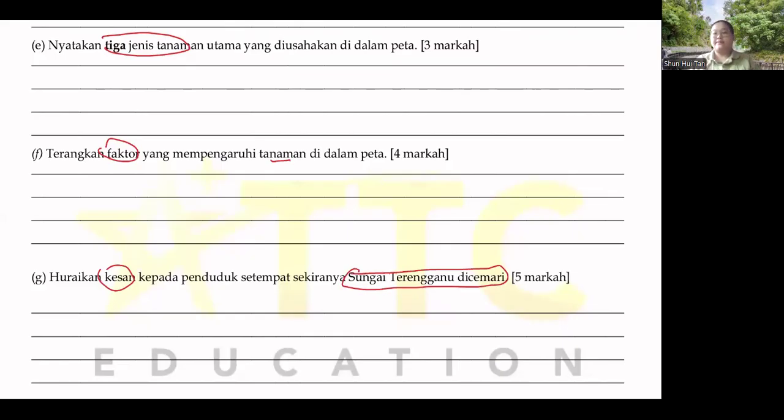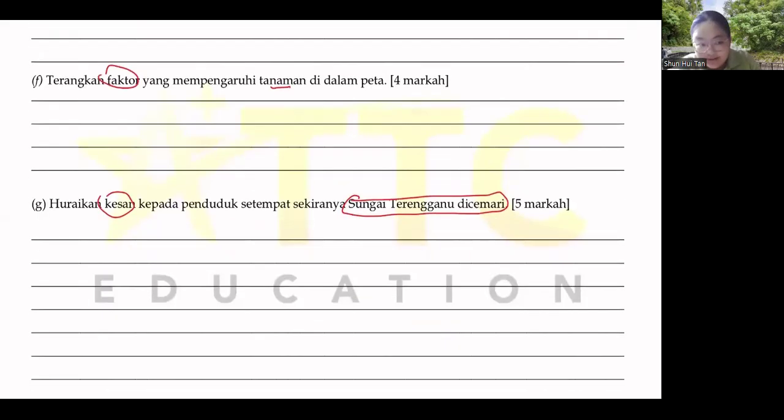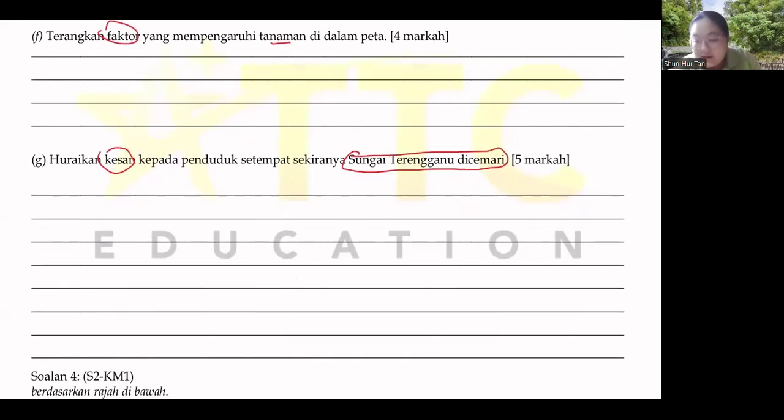If you don't read the peta also, you have to know how to answer. All right. Kesan dicemari. So what is it? What is the effect when the sungai dicemari? What happened?